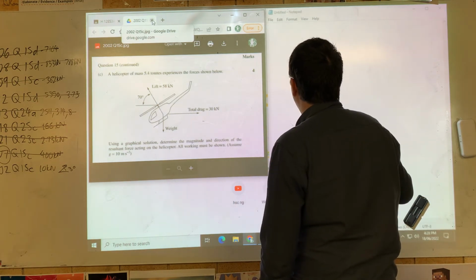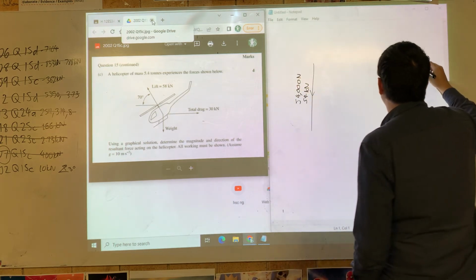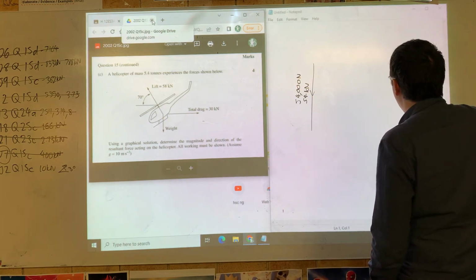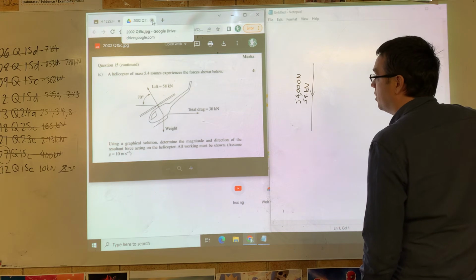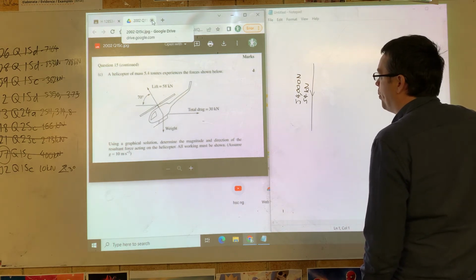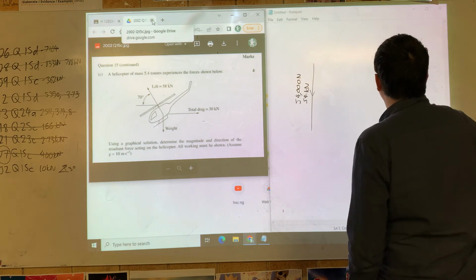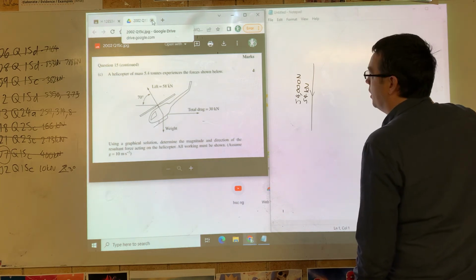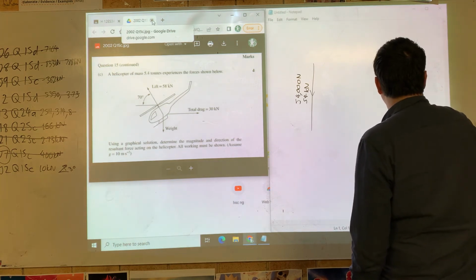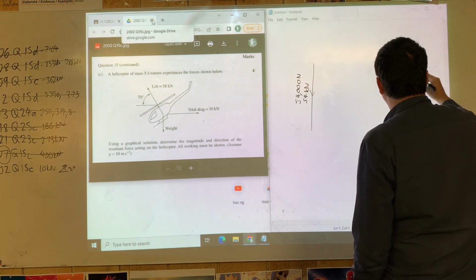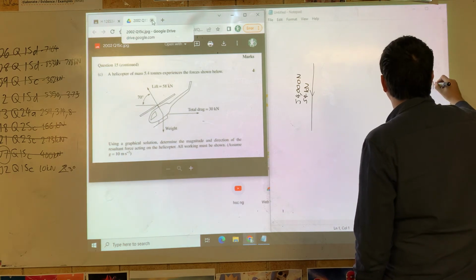Then they've said that we have lift. I'm going to actually draw this over here. We'll draw it this way. And then we're going to have lift at 70 degrees. So 54 kilonewtons.